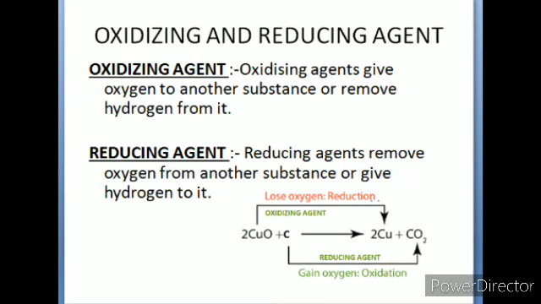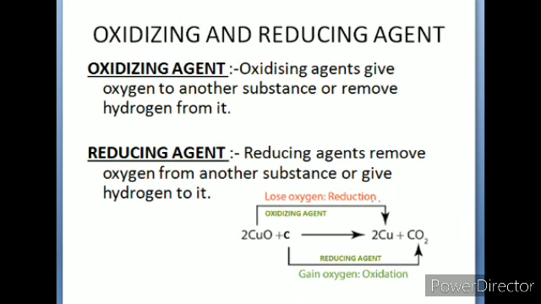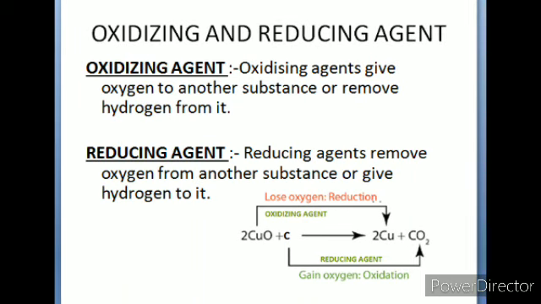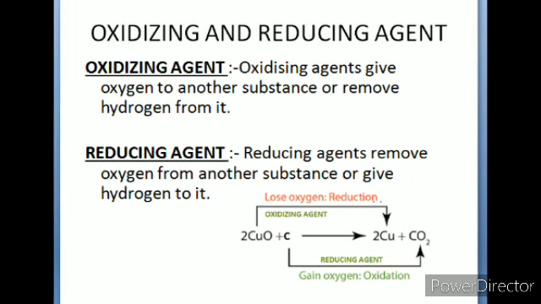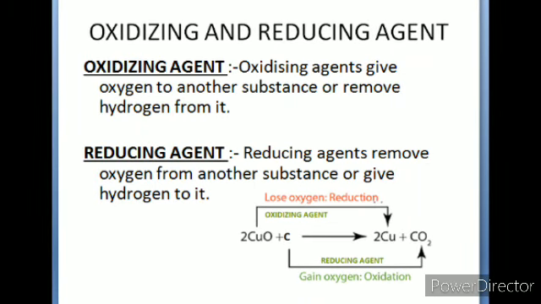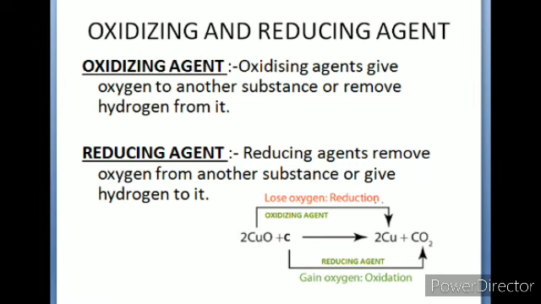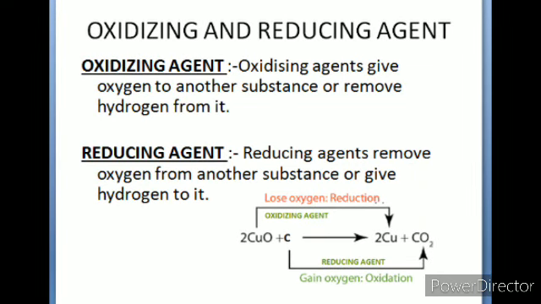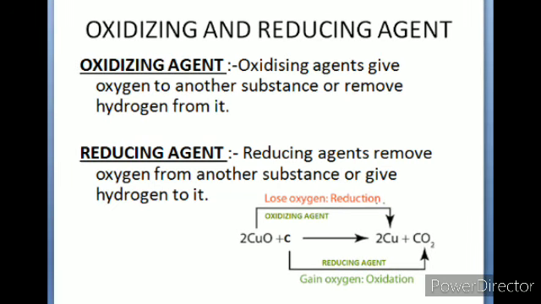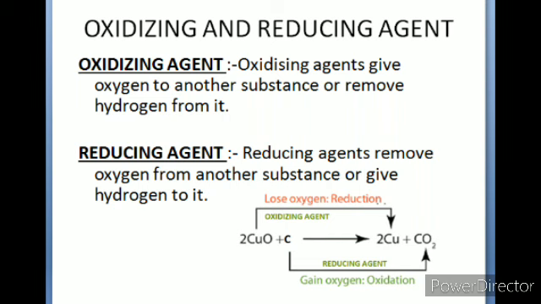For example, here I took one example in which copper oxide reacts with carbon to form copper and carbon dioxide. Here copper oxide loses its oxygen to form copper, so copper oxide is reduced here as it gives its oxygen to someone else, so it is considered as an oxidizing agent.